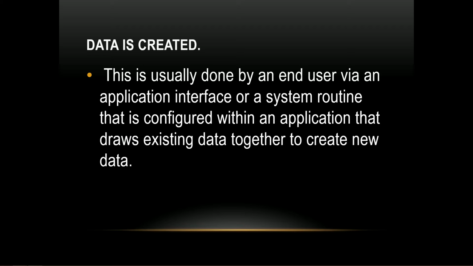This was true with the Internet of People. Now we're transitioning to the Internet of Things and to the Internet of Everything. What I mean by that is it's no longer tied to an end user. It could be a device, a refrigerator, a microwave, any smart device that is using existing data and then generating new data.